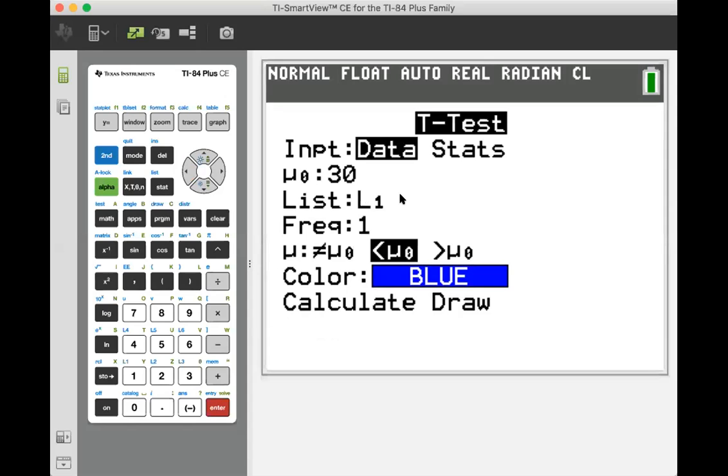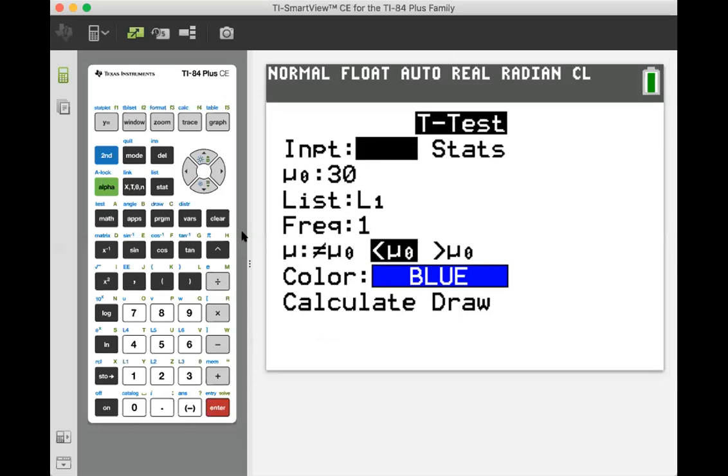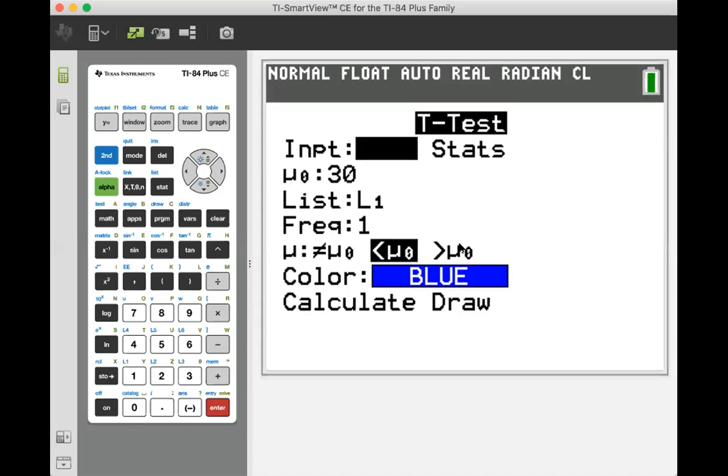Notice that instead of asking for x bar, S, and n, it asks for the list. It will calculate those statistics from that list and then do the calculations for the test statistic and the p-value. But you still have to put in the assumed value of mu from H0, and you still have to select the correct relationship in the alternate hypothesis.